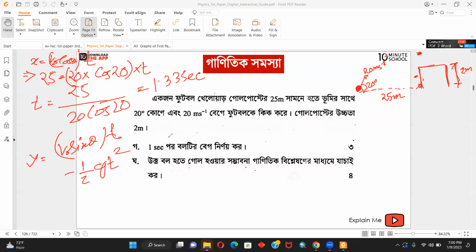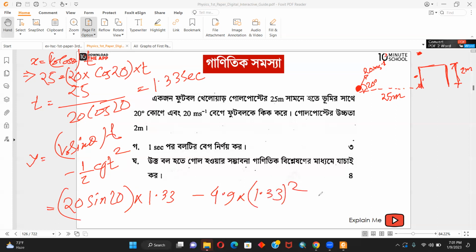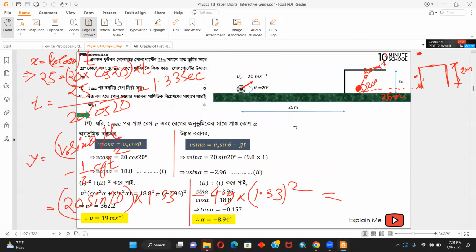So it will be 20 sine 20 times 1.33 minus 4.9 times 1.33 squared. You don't have to calculate now, you can calculate later. The value for that will be 0.43 meters.